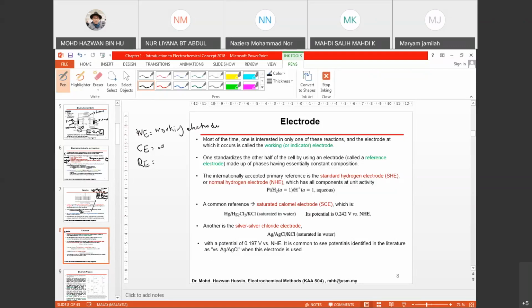CE is the counter electrode. And RE is the reference electrode. So the working electrode, what does it mean? The working electrode is the electrode of interest.